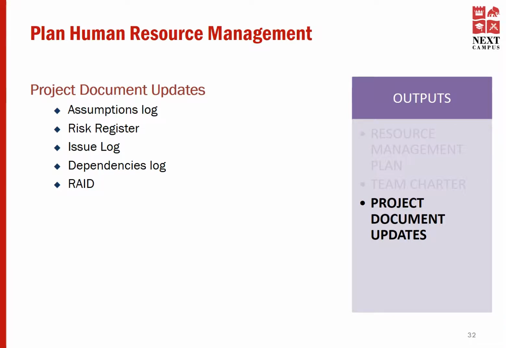Whatever it is, you need to identify the dependencies and list them down so that you can keep track of them effectively. All in all, you put all these four things together into one document and could call it RAID. RAID stands for risks, assumptions, issues, and dependencies. That way, as a project manager or a resource manager, you can handle all the risks, issues, dependencies, and assumptions associated with your resources.